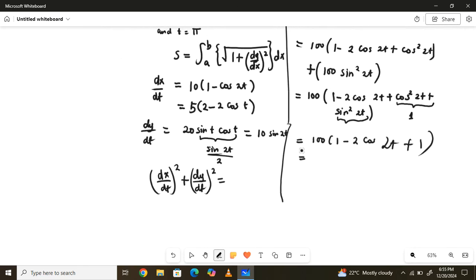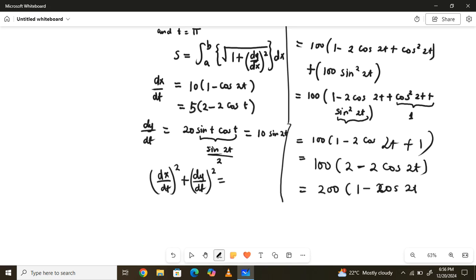So we have plus cos 2t plus 1. 1 plus 1 gives us 2. So we will have 100 into 2 minus 2 cos 2t, of which we can factorize to get 200 into 1 minus cos 2t.